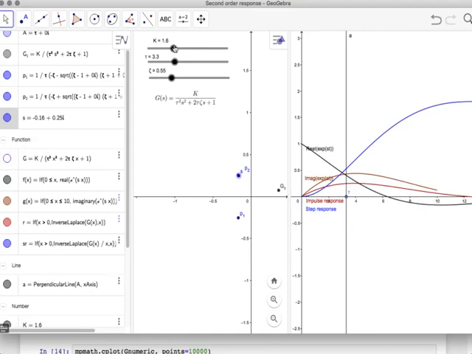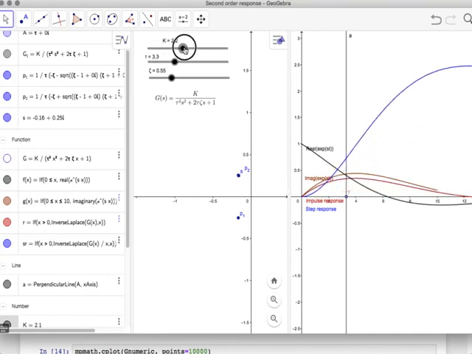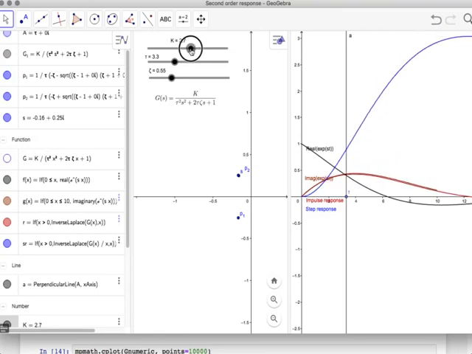Now we can actually get that to match up 100% by just playing around a little bit with the gain, and we can see at this point the imaginary response of e to the st matches exactly what the impulse response looks like. Now this is a general rule. When s becomes equal to the pole, e to the st resembles the impulse response, or at least resembles a part of the impulse response.